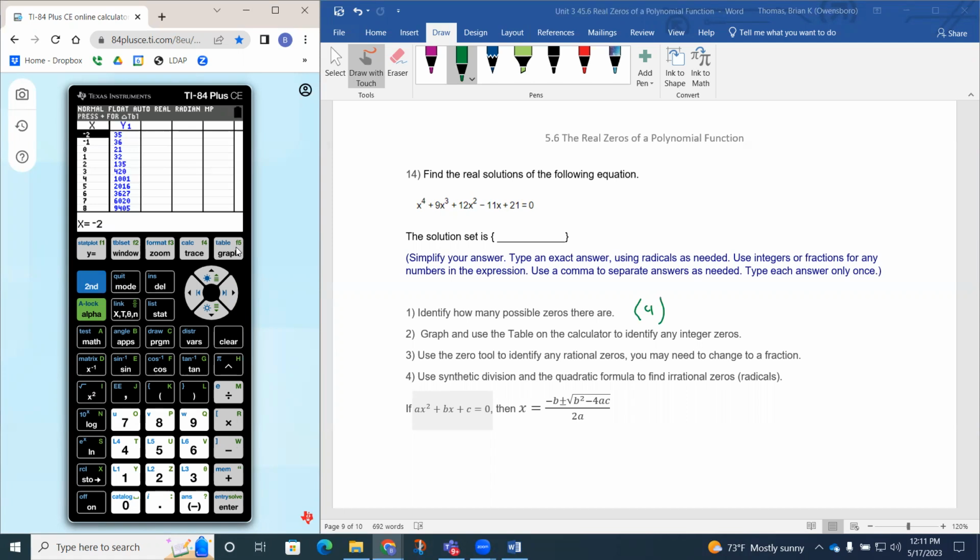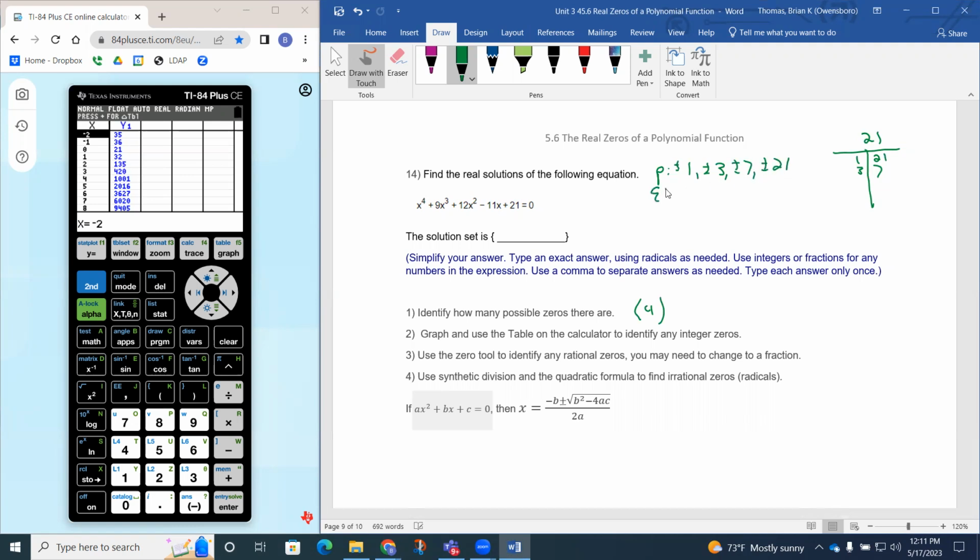But again, if we use the rational root theorem, we know that the possible rational zeros, p, are the factors of the 21. So if I make a little t-chart, 21 would be 1 and 21, and 3 and 7. So plus or minus 1, plus or minus 3, plus or minus 7, plus or minus 21.